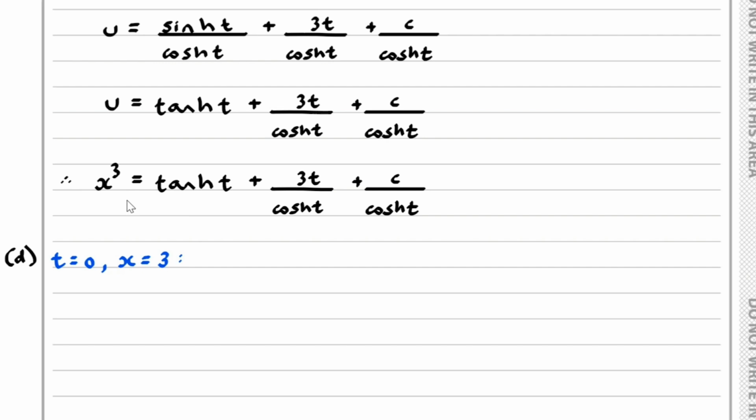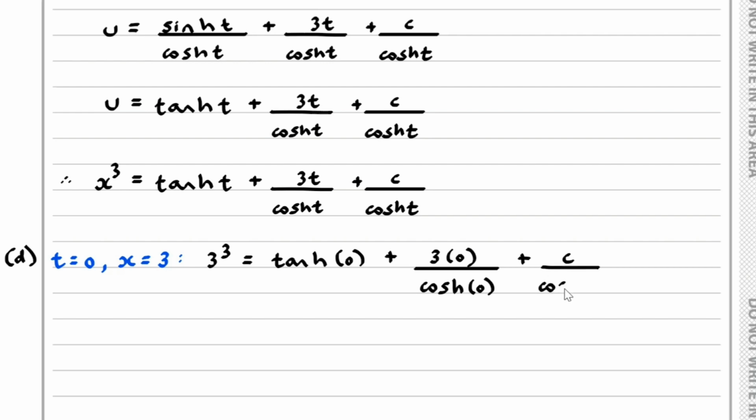So I've got 3 cubed equals tan of 0 plus 3 lots of 0 over cos of 0 plus c over cos of 0.